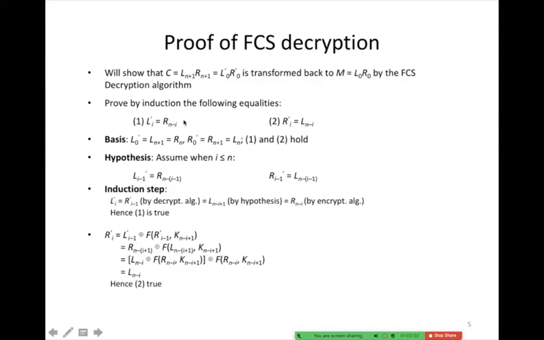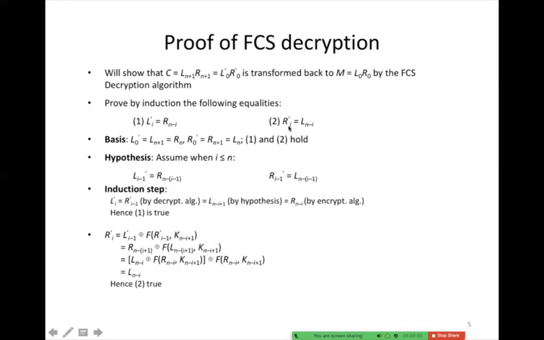For any i, I want to show that L sub i prime is equal to R sub n minus i. So when i is equal to n, then I know L sub n prime is equal to R0.